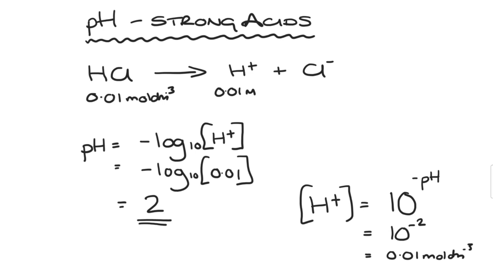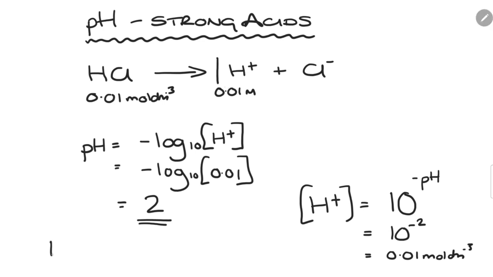This works directly for strong acids, whereby you get complete dissociation. In this example, it was a monoprotic acid, which meant that we had one HCl molecule dissociated in water to produce one hydrogen ion, and so we just used the concentration directly. If it had been sulfuric acid, for example, so H2SO4, then we would have had to double up the hydrogen ion.